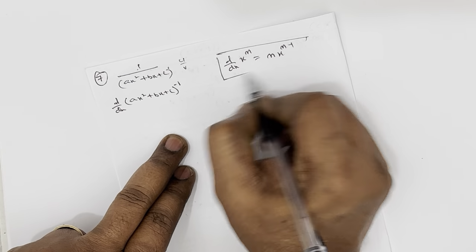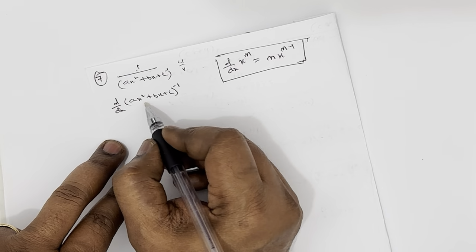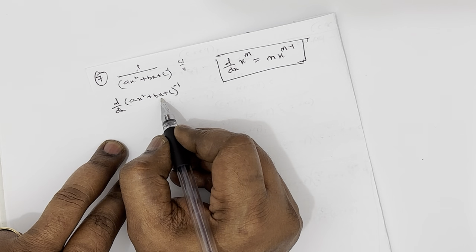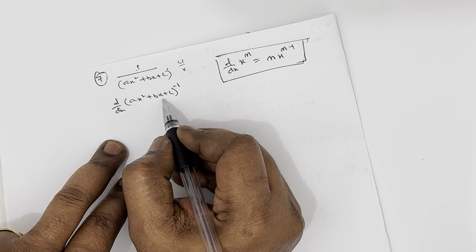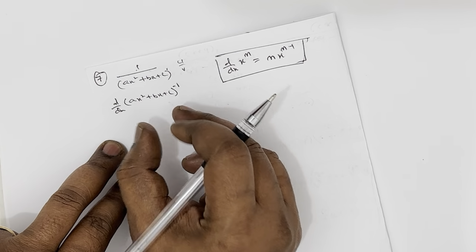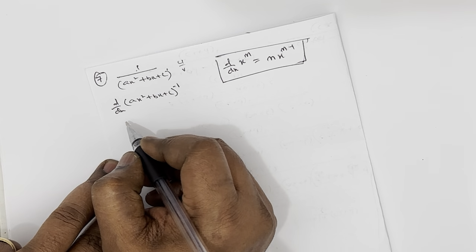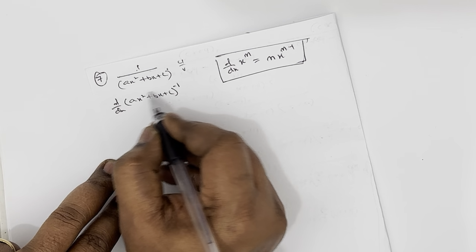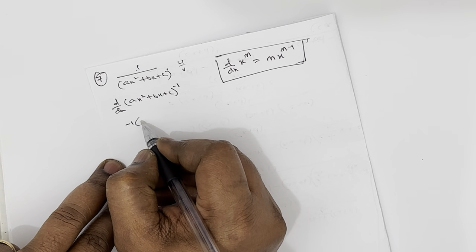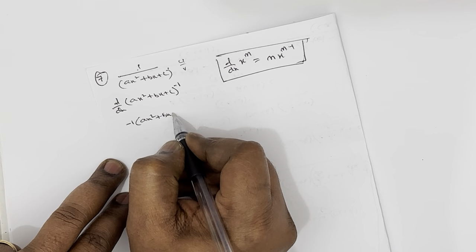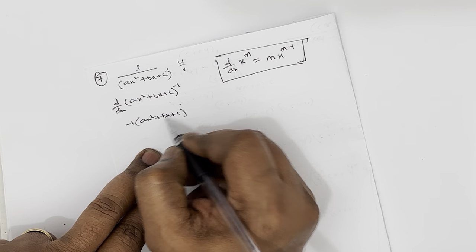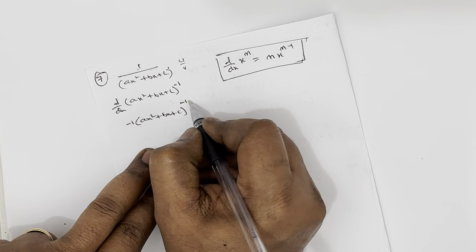Okay, but you see, if this is in place of x and this is n, actually this is not x, we are just assuming this to be x. Okay, so what do we do then? We use the chain rule here. Now the derivative of this, assuming this to be x and this to be n, is n multiplied by x raised to n minus 1.